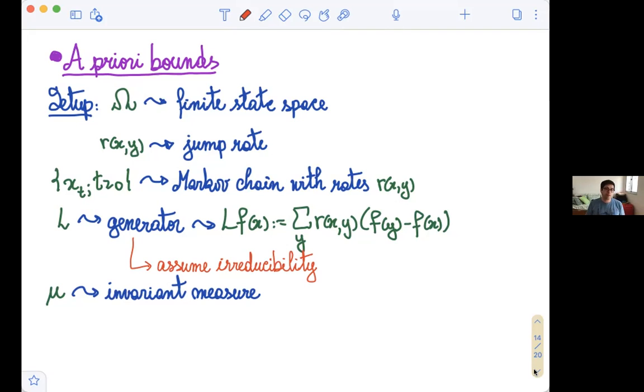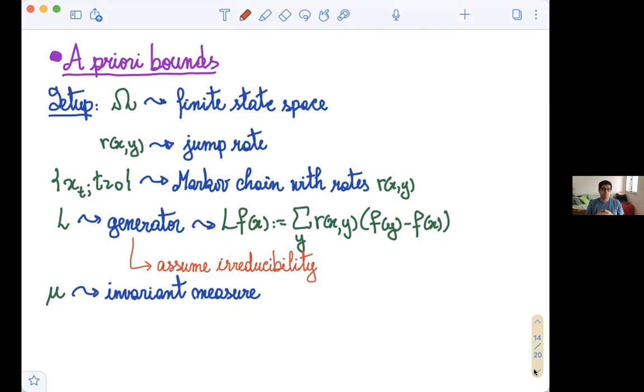So for example, I mentioned this Polish space E, so usually you want this space E to be a Banach space, because then you will have norms, and an a priori bound is going to be something of the form, let me put it in this way: the second moment of the norm of your process is bounded uniformly in t and n. That's an a priori bound.